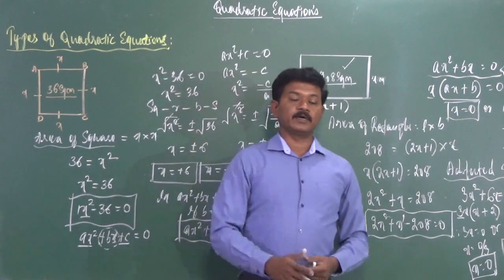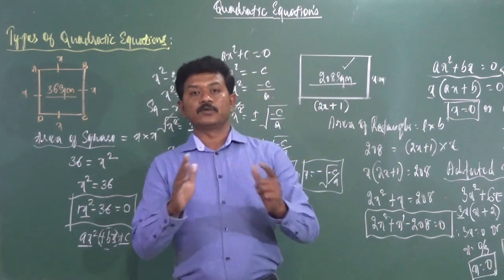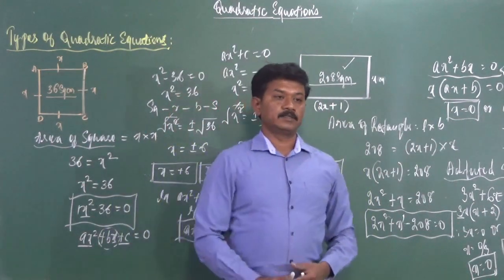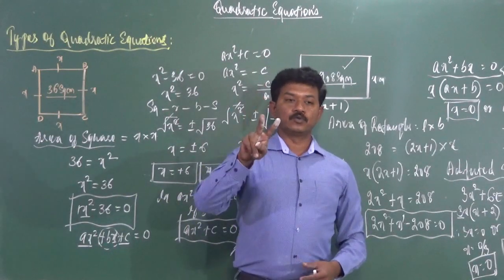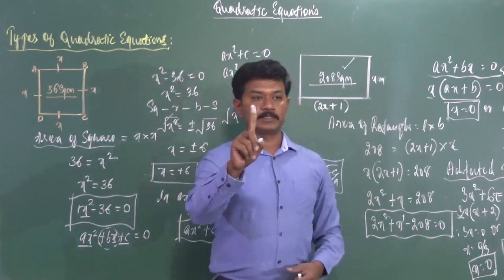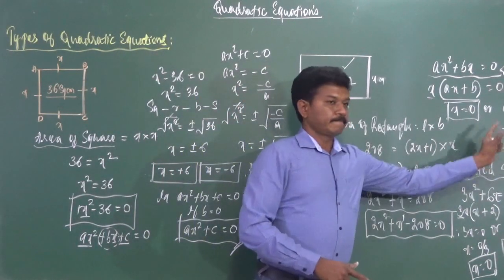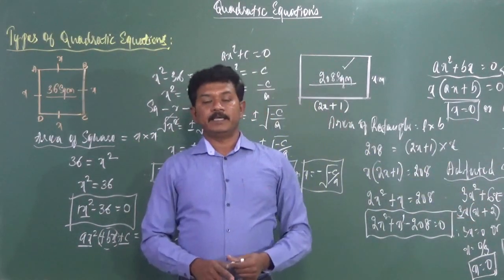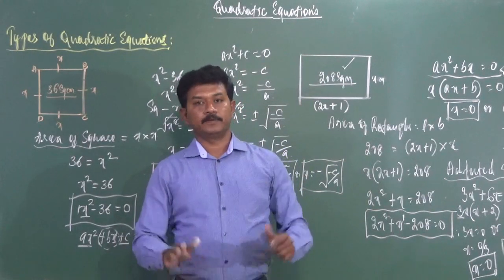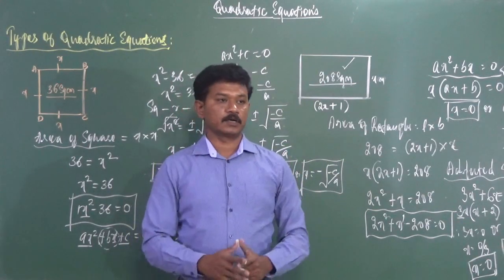For such a quadratic equation, in order to find the roots, you have to take common. If you take common, among the two roots, one root will be compulsorily equal to 0 and the other will be in the form of minus b by a. I hope you got the concept, right?